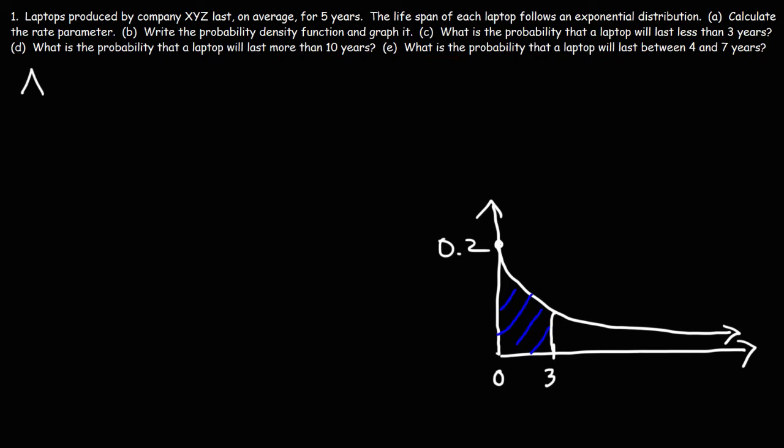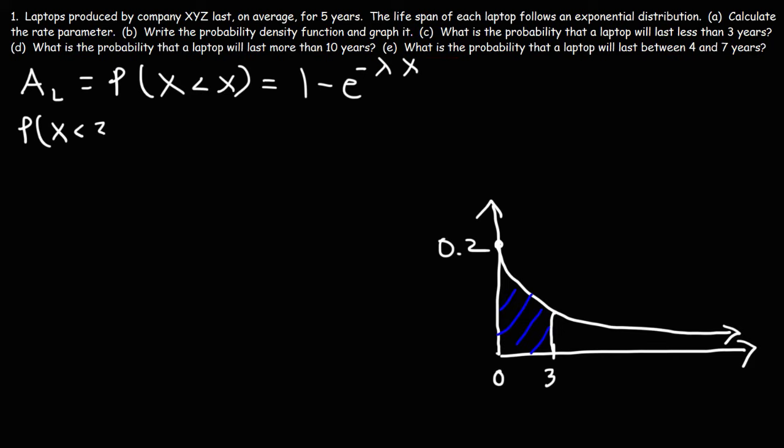Now the area on the left side can be calculated using this formula. The probability that X is less than x is going to be 1 minus e raised to the negative lambda times x. So we want to find the probability that X is less than 3. So it's going to be 1 minus e raised to the negative 0.20 times 3, which is 0.2 times 3 is 0.6.